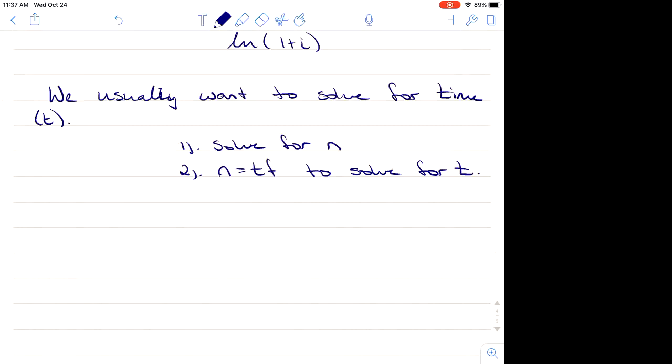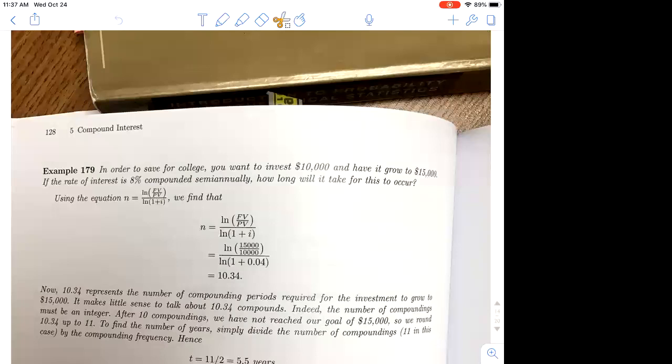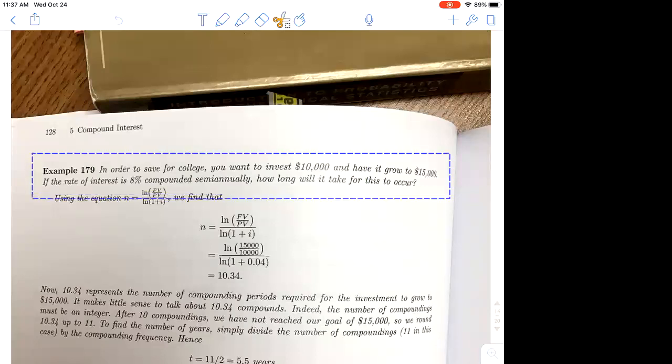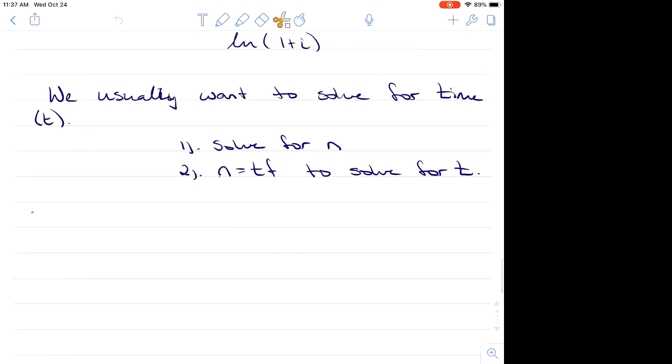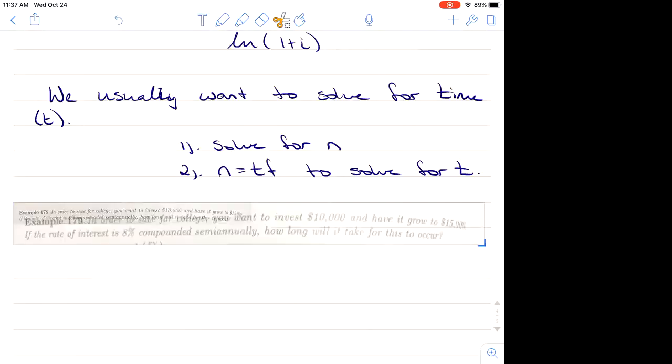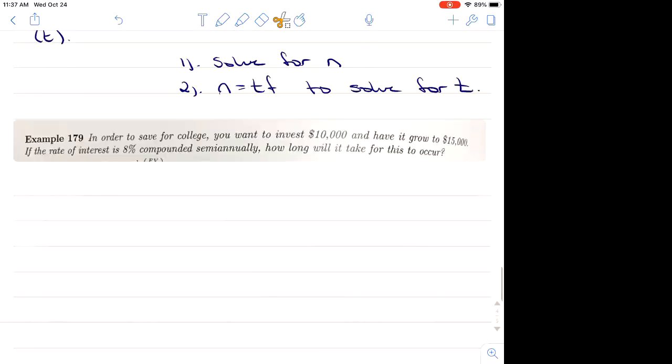So let's do example 179. In order to save for college, you want to invest $10,000 and have it grow to $15,000. That sounds great.